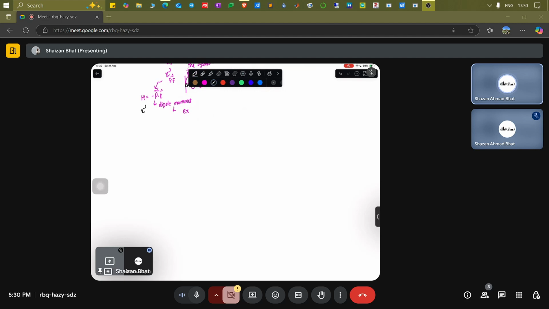And let's say, for simplicity, we consider light polarized along the x direction. That means, for example, if you have a sample with different layers, the light is coming in this particular direction, so that the polarization is along the x direction.